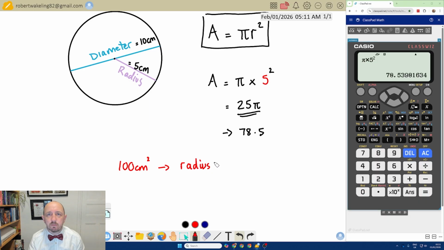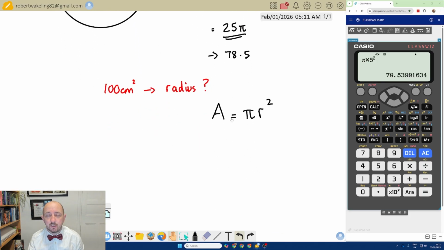Essentially, what radius would you need to give an area of 100? And in this case, when we look at our formula, this is always our framework for our working out and telling us what to do. Start with the formula and have a look at which things we have and which things are missing.